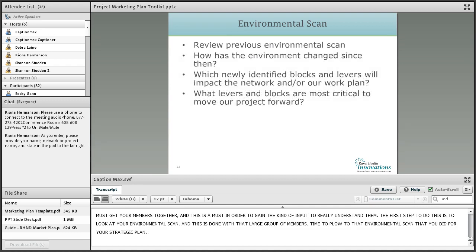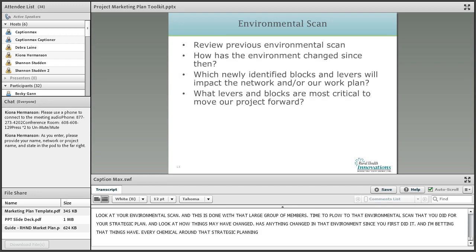Time to pull out that environmental scan that you did for your strategic plan and look at how things may have changed. Has anything changed in your environment since you first did it a year ago? And I'm betting that things have.